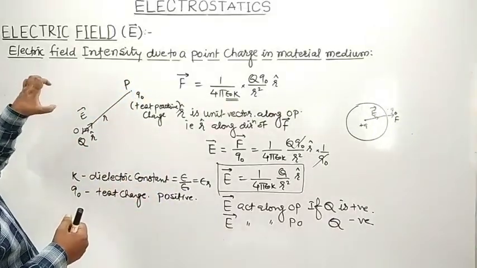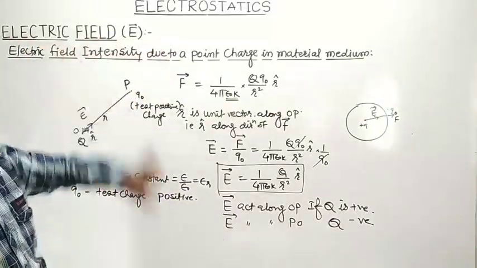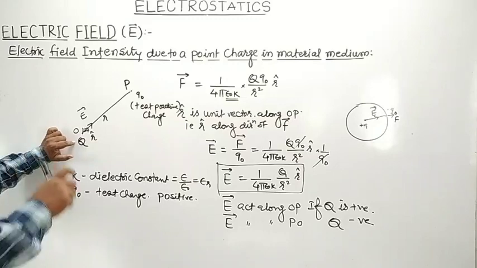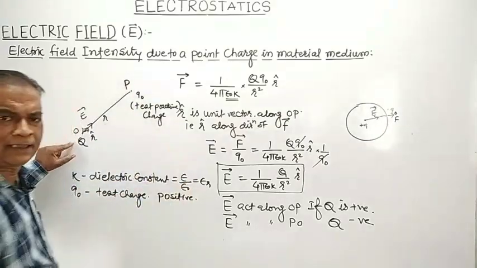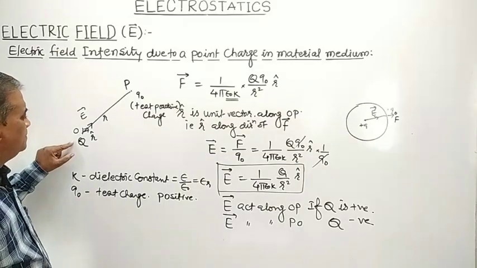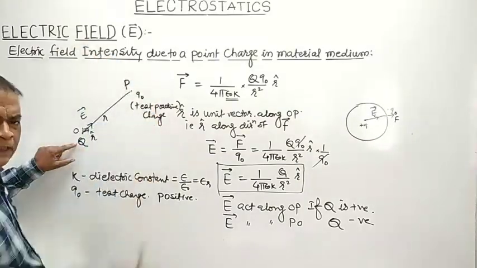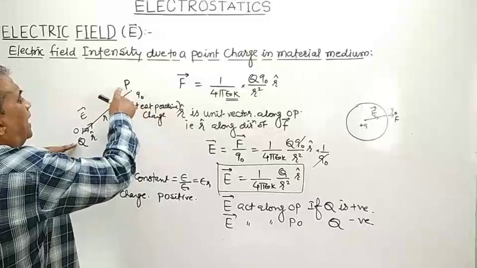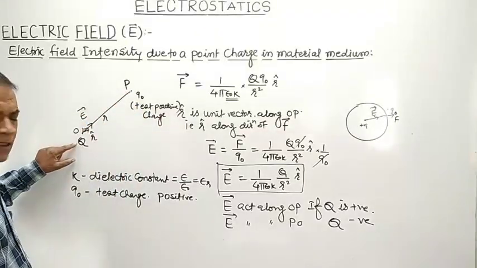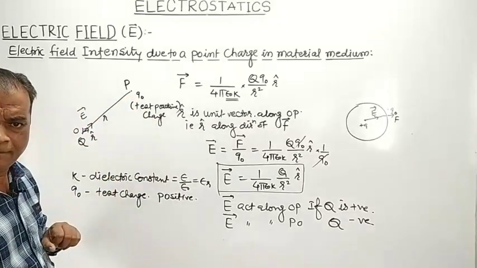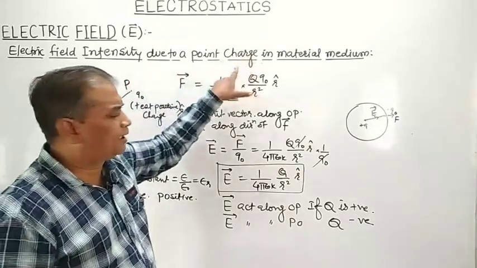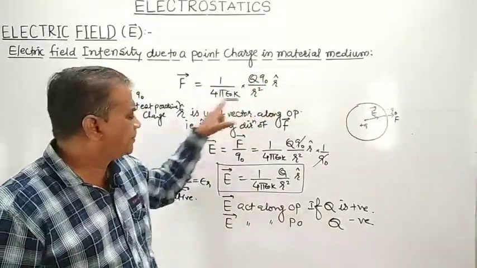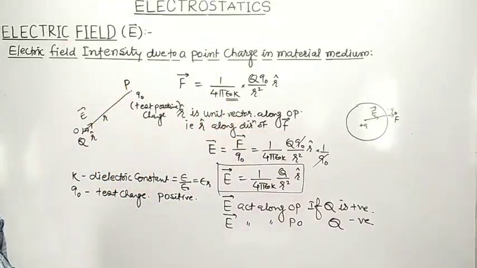And as far as electric field intensity due to a point charge is concerned, if I consider any point charge Q which is kept in a medium of dielectric constant K, and let that charge Q produce its own electric field, and in the region of electric field, if a test positive charge Q0 is brought at point P which is at a distance r from it, then between the two charges Coulomb force will act, and it is given by the formula 1 upon 4 pi epsilon 0 K Q Q0 upon r square into r cap, where K represents dielectric constant of that medium.